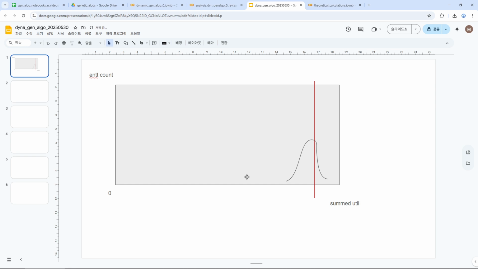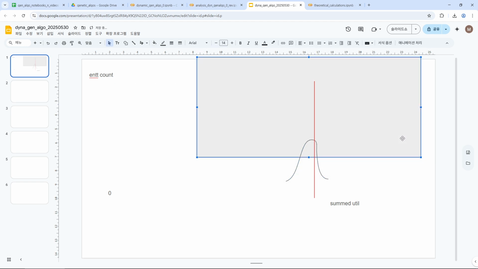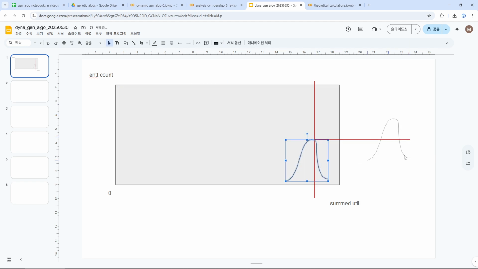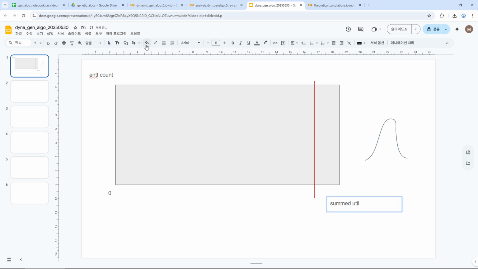And if we did everything in one go, because the entities had all those generations to converge, the resulting distribution would look something like this. This is not pretty. Let me draw another one.